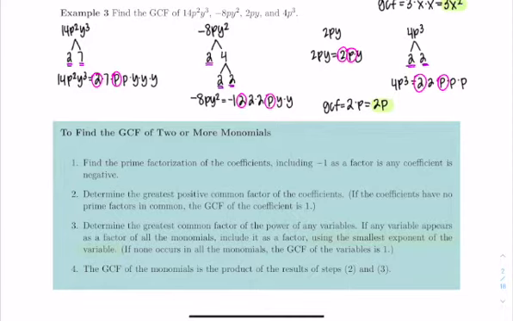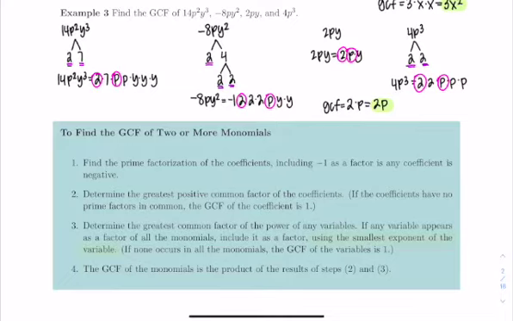So to find the GCF of 2 or more monomials, you'll find the prime factorization of the coefficients, including negative 1 as a factor if any of the coefficients are negative. You'll determine the greatest positive common factor of the coefficients. If the coefficients have no prime factors in common, then the GCF of the coefficients is 1.